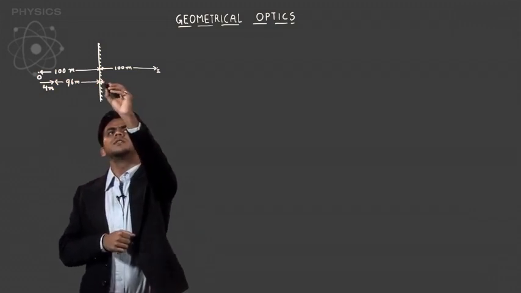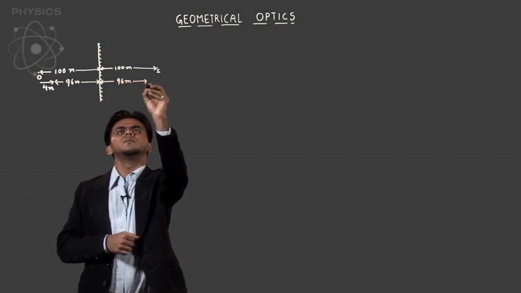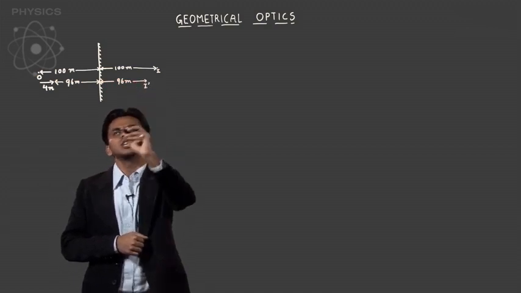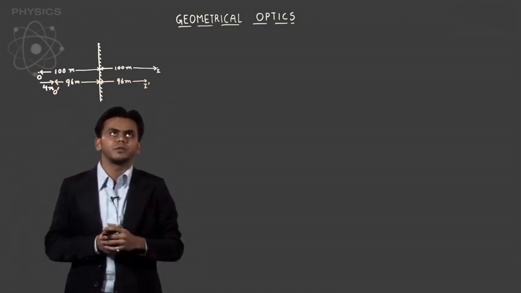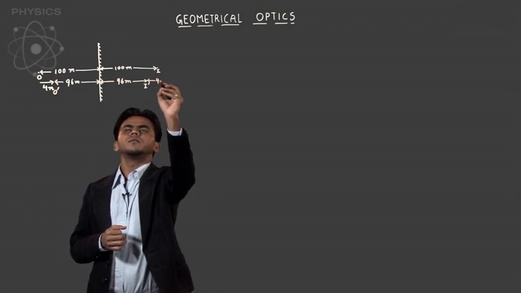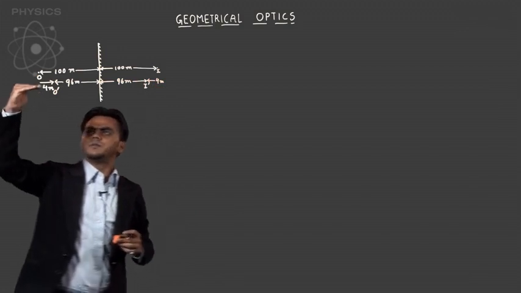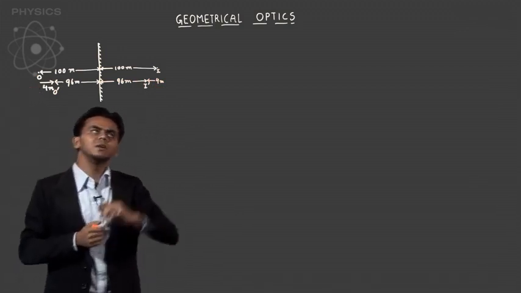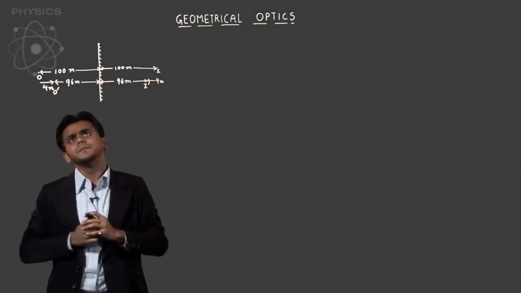That would give you the new image formation, 96 meters behind. This is your I dash and this was your O dash, or O prime or I prime, whatever you prefer. So even this has moved by 4 meters towards this side. So if the object moves towards the mirror, the image also moves towards the mirror, right?